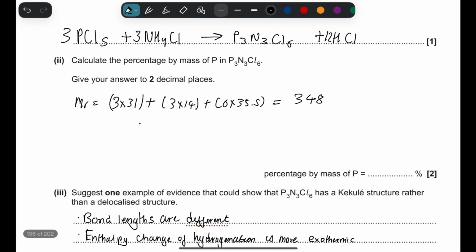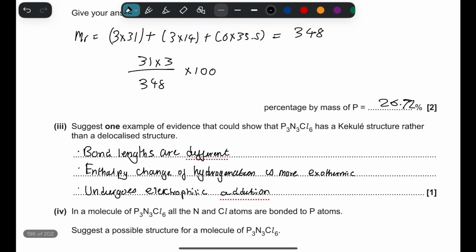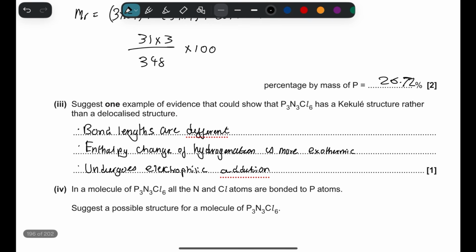And then all I'm thinking is 31 times 3 divided by 348 and then times by 100 will get me a percentage composition by mass. And we just have to note as well 2 decimal places, so always remember to see that. And we're going to get 26.72.